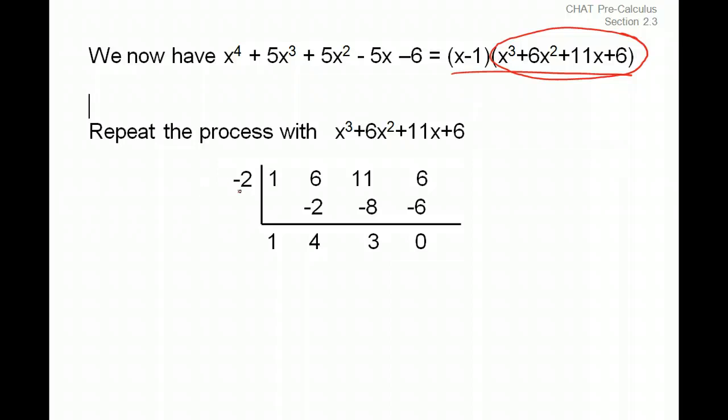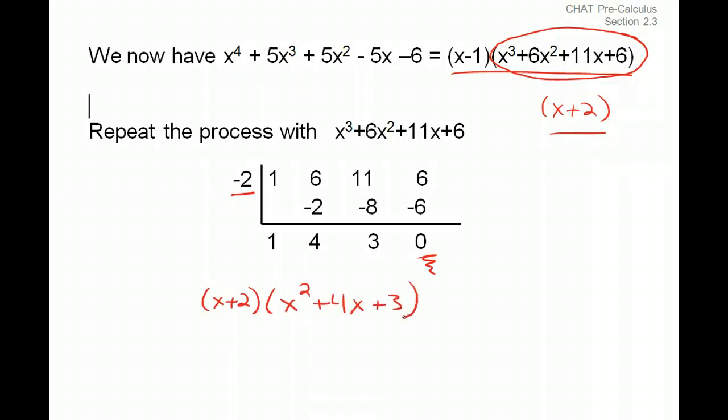So what I'm trying here is seeing if x plus 2 will divide evenly into there. If I'm testing x plus 2, I put a -2 here, and I get a remainder of 0. That means I've got x plus 2 times the quantity x squared plus 4x plus 3.